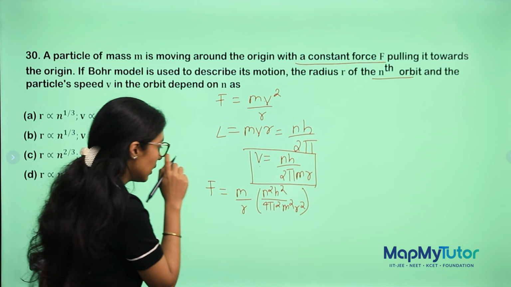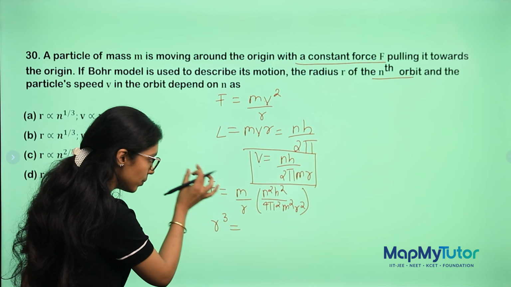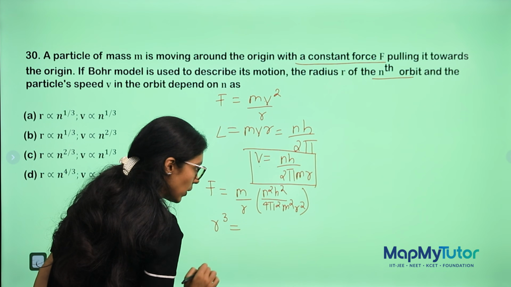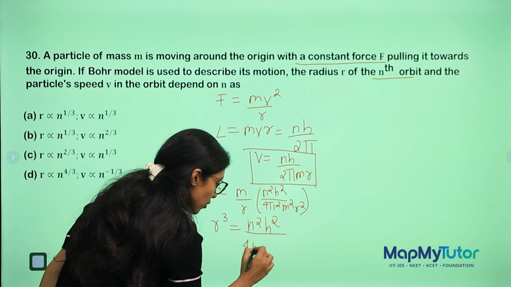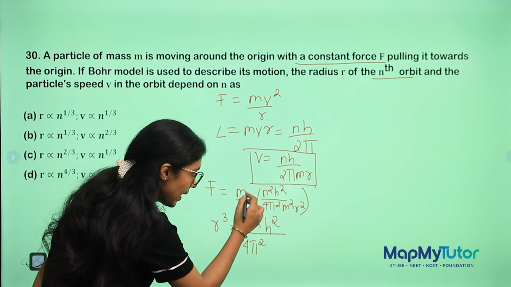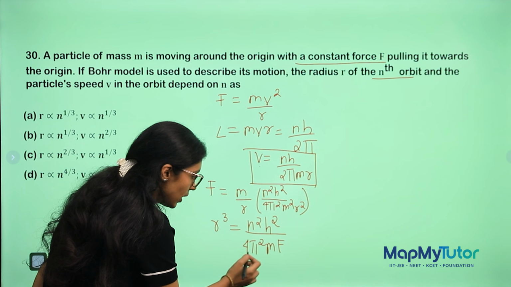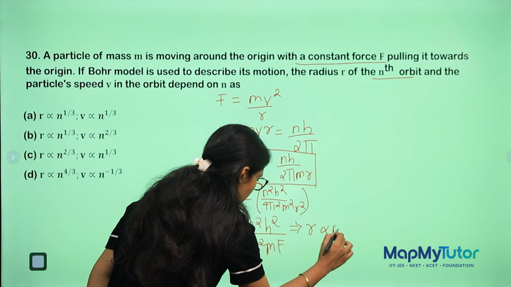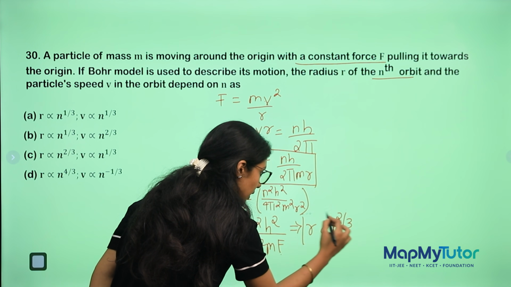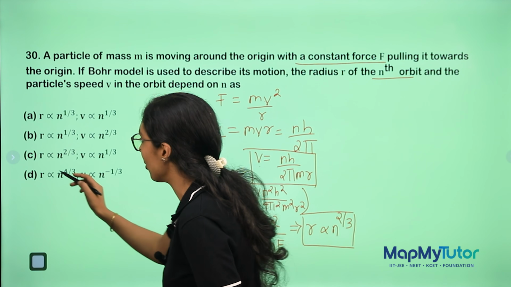Now I will calculate r cube, equal to, in r cube this side, put F that side. m will anyways go. r cube equals n square h square upon 4 pi square m, since m gets cancelled. Now all the values are constant except n. So we get from here r is directly proportional to n to the power 2 by 3. See your options. You have only one option, that is option C.